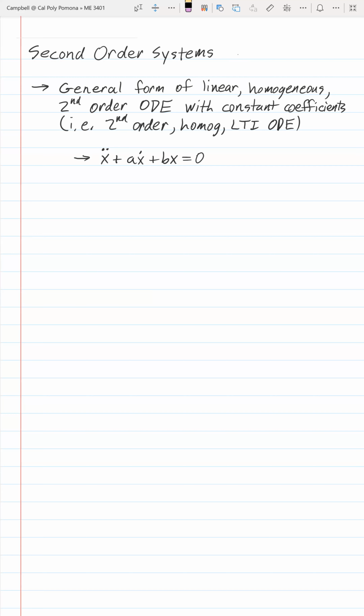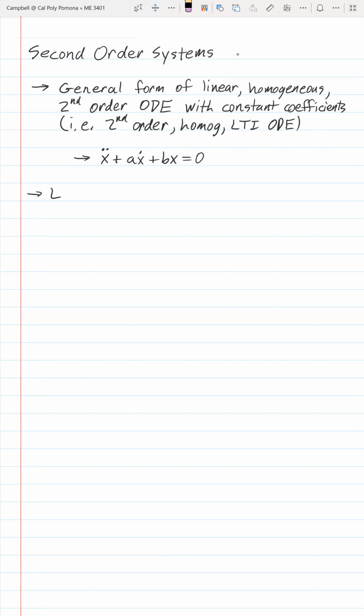In the end, we would call the first of those coefficients A, and the second one B, and none of that affects the side that is equal to 0. So this is a general form, just simplified a little bit.